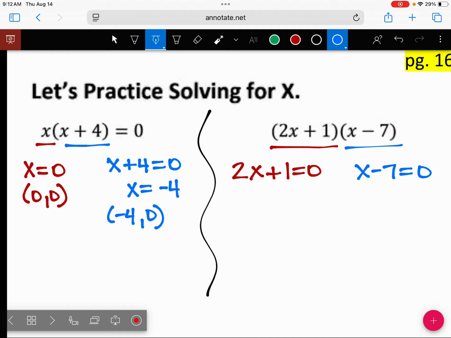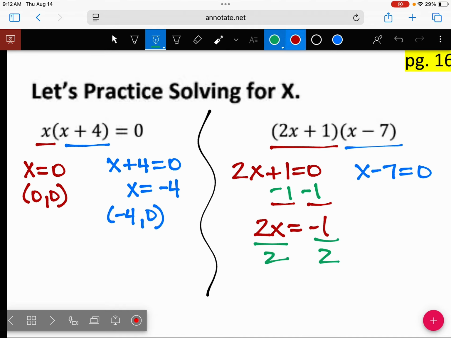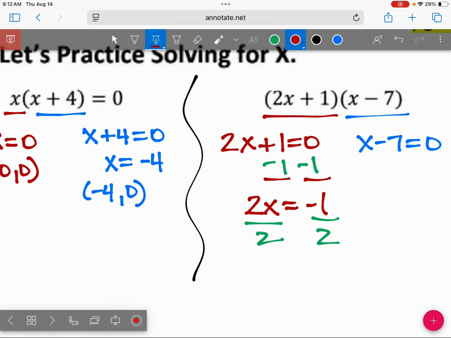All right, so for our first one, we have to subtract 1 and divide by 2. So when I subtract the 1, I get 2x equals negative 1. And then I'm dividing by 2. So my first answer can be written as x equals negative 1/2.